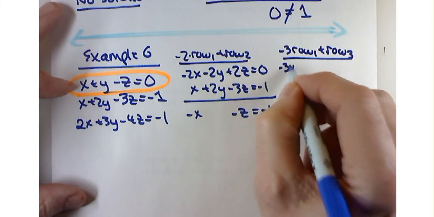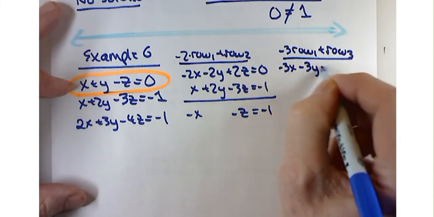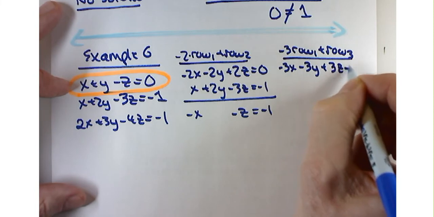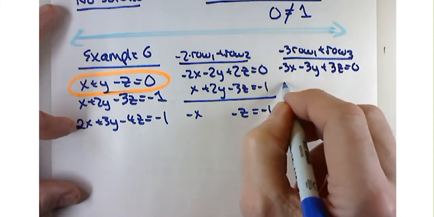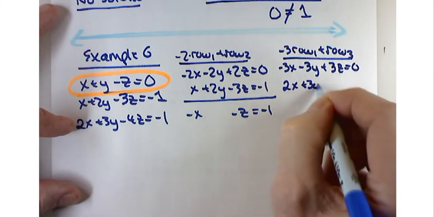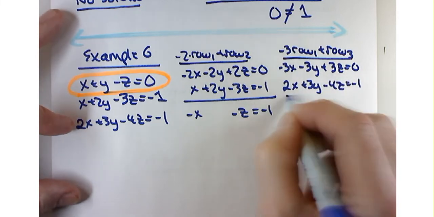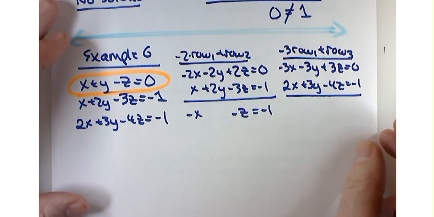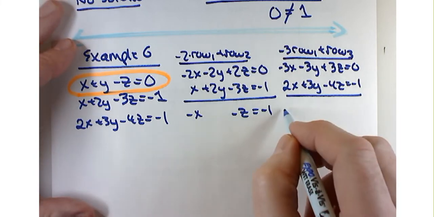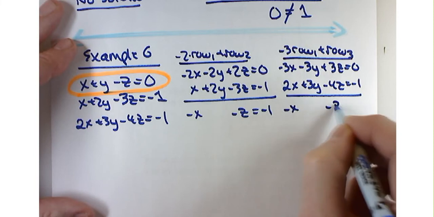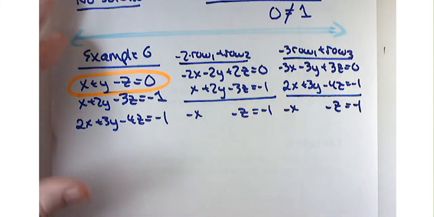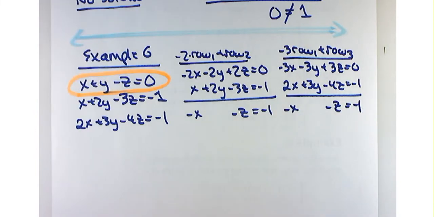Negative 3x minus 3y plus 3z equals 0. 2x plus 3y minus 4z equals negative 1. And when I add here, I get negative x minus z equals negative 1. Okay. So I got my two equations and two unknowns.